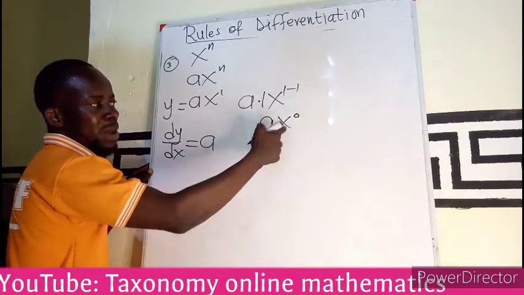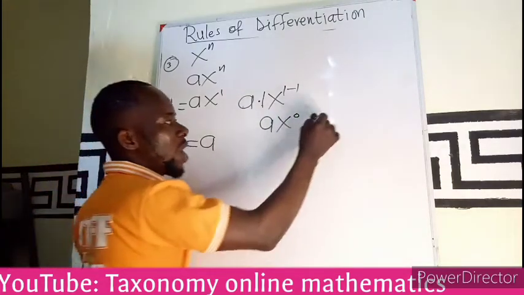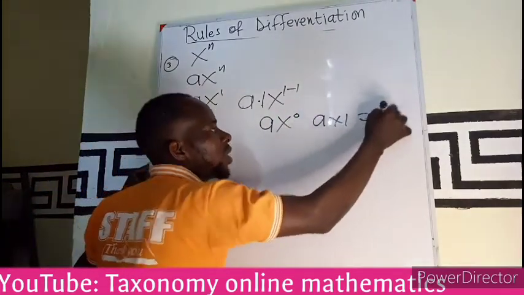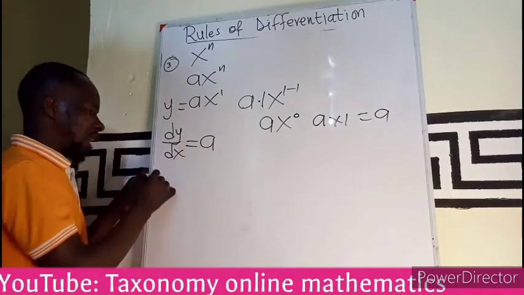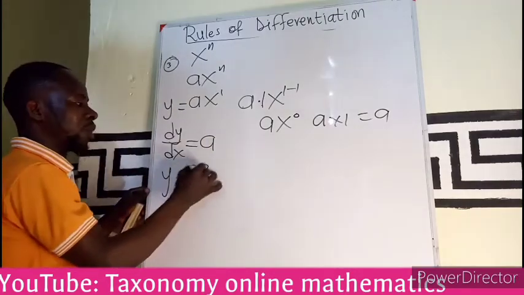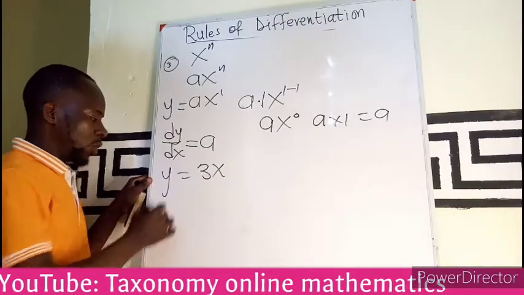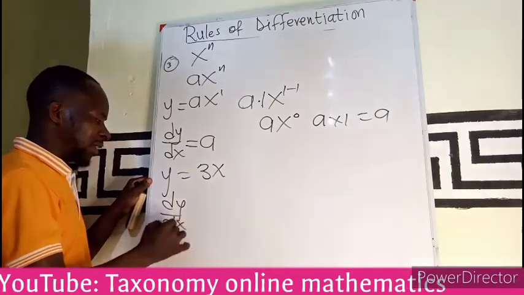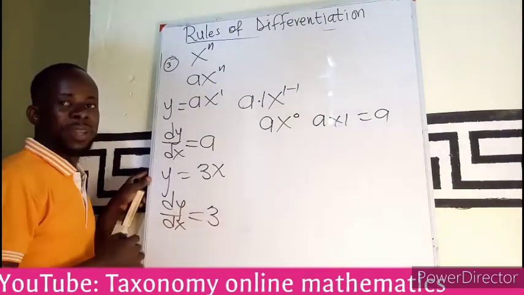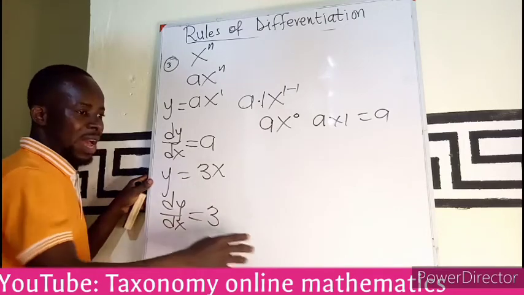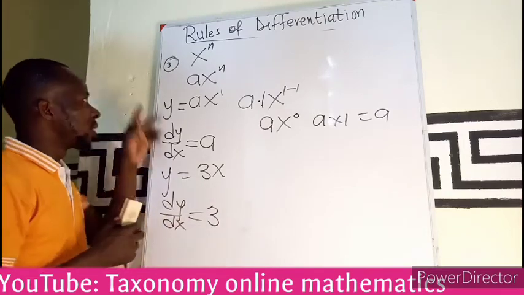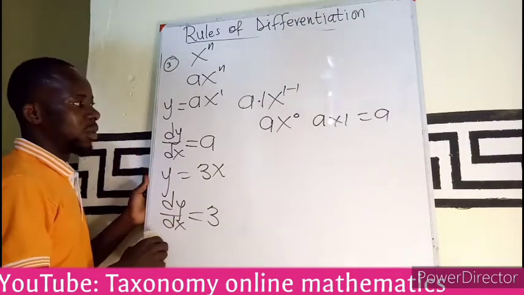We know that any number raised to the power 0 is 1. So a times 1 is a. So if you have, for example, y equals 3x, your dy dx is just going to be the value of 3. No other function attached to it. That is the third aspect.